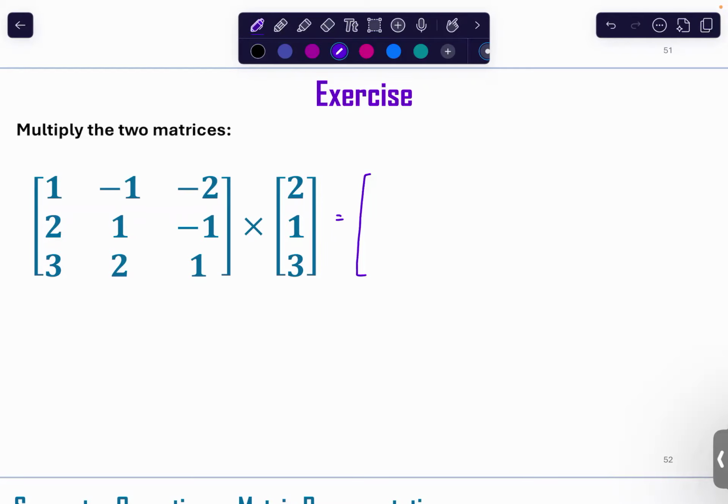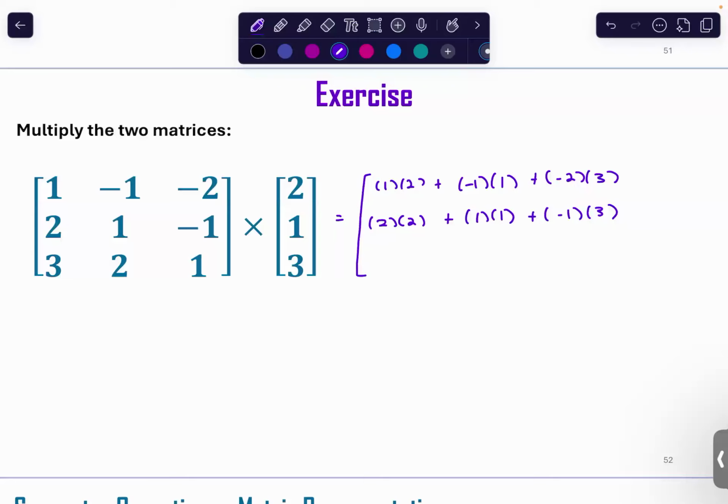Yep. So let's go ahead and write this down. Everything is going to be row 1, and we only have 1 column. So our first position is row 1, column 1. So that's going to be 1 times 2 plus -1 times 1 plus -2 times 3. Then our second position is row 2, column 1. So that's going to be 2 times 2 plus 1 times 1 plus -1 times 3.